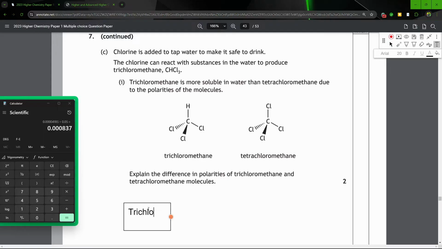Trichloromethane is polar, while tetrachloromethane is non-polar.